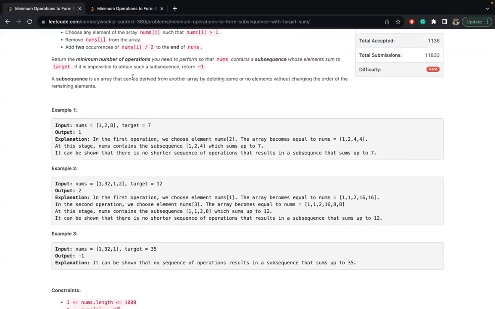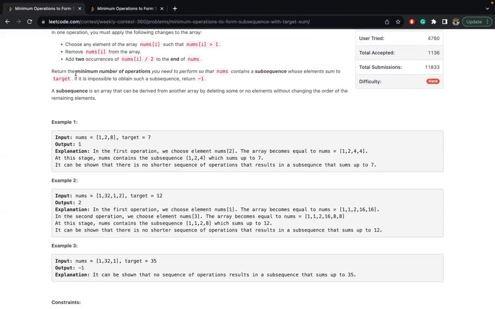So okay, the number of operations is not just enough. You have to have the minimum number of operations. So you have to find out the minimum number of operations on that given array so that you can find a sum of target, right? And sum of target does not mean that you have to sum up all the elements.